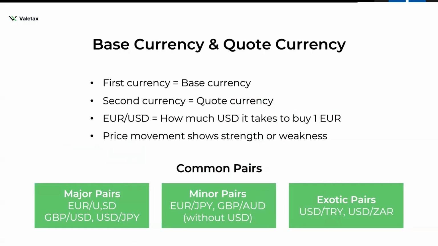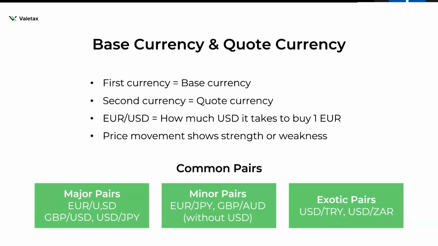The minor pairs usually involve countries that do not have a lot of trade agreements or interactions with each other. We have the Euro JPY, the GBP AUD, and pairs without the USD attached to them are sometimes referred to as minor pairs.